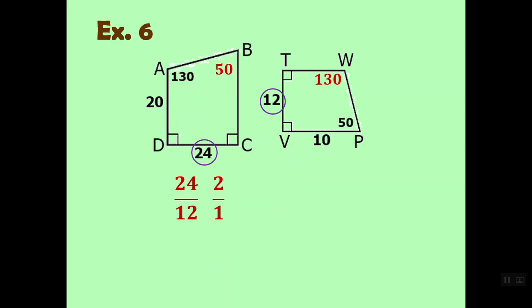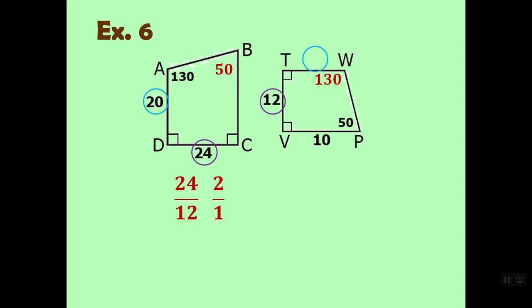You can see that AD is in between the right angle and the 130-degree angle. That will correspond with TW. We don't have a measure there, so I can't do a ratio for those two, so that's not helpful.